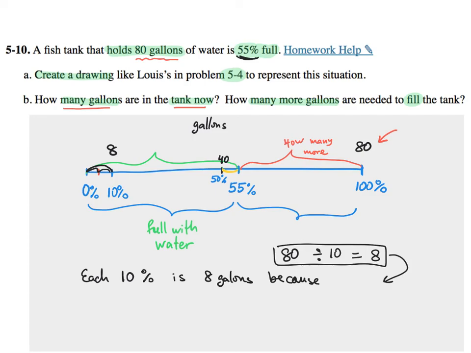That little piece that we're looking for is exactly the same as this little piece. So you would add it to the 40 and you will find how many gallons are in the tank now. Now to answer the other part, the red one, you know that the total is 80, so you would either say how many more or you subtract. So finish this problem on your own.